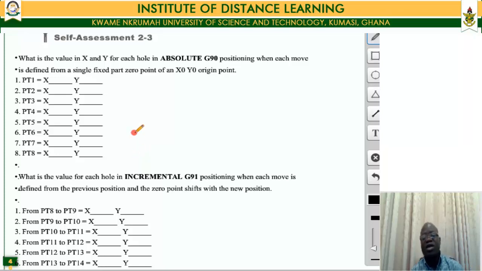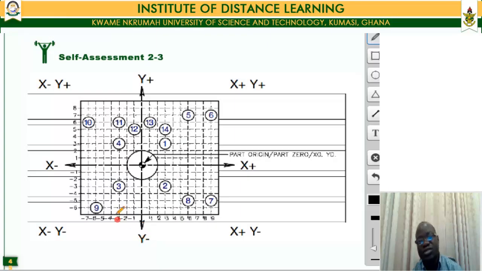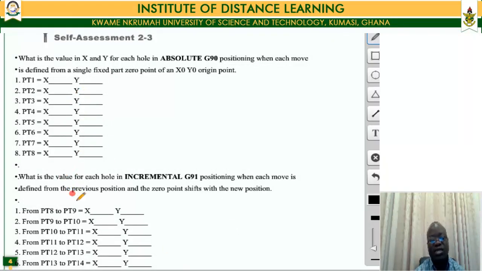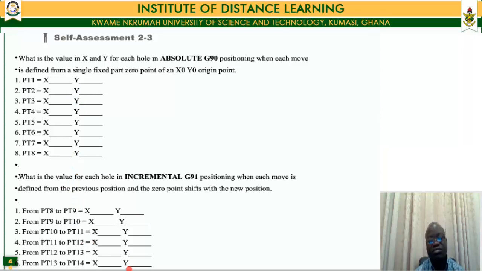Now, for an absolute coordinate system, the CNC machine uses a command called G90. And then for incremental, the CNC machine uses the command G91. Okay, so I want you to try this assessment by just looking at this and try to write out the coordinates for x and y, and then you take out the coordinates from 8 to 9.